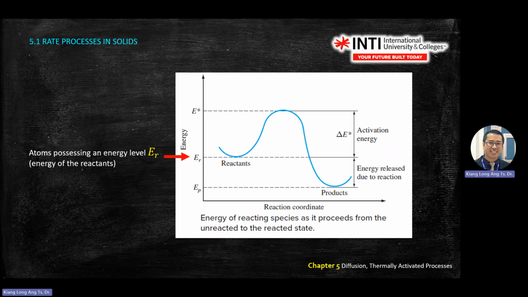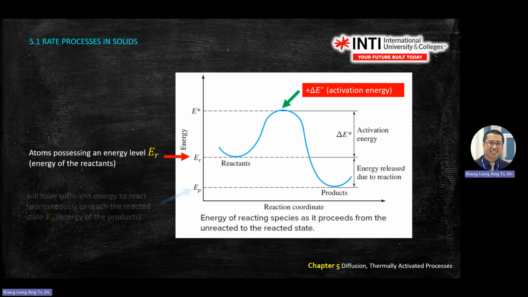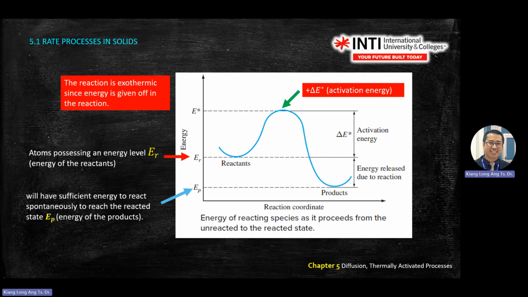So this is the atom energy level, the energy of the reactant. Then if you go down, the reaction is exothermic because energy is given off in the reaction.